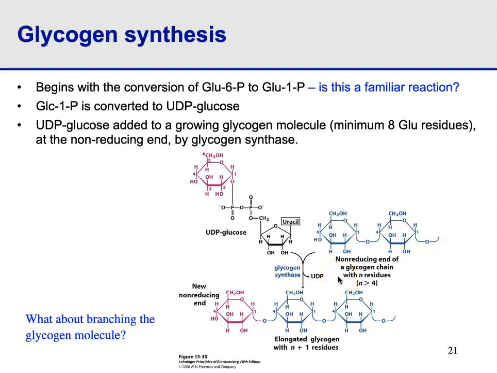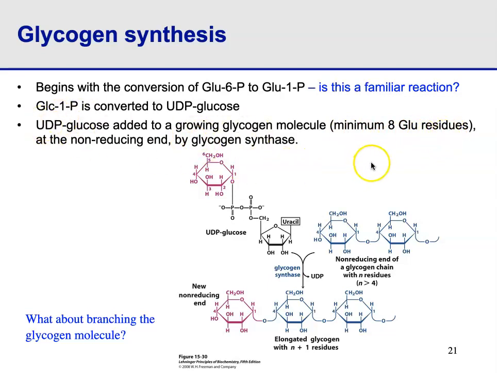Now, we'll talk about this later, but just to mention it because it's important, glycogen synthase cannot simply start adding UDP glucose to another glucose. This process happens only when we have a minimum of 8 glucose residues bound to each other.